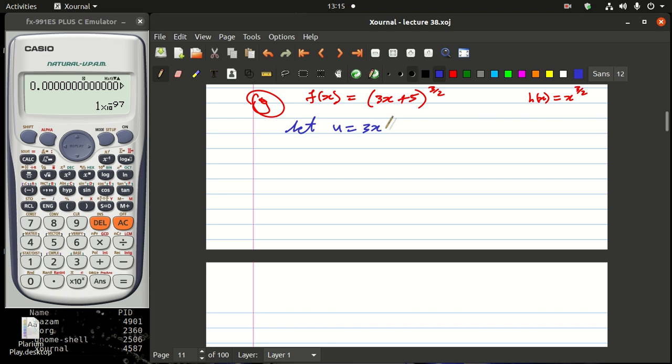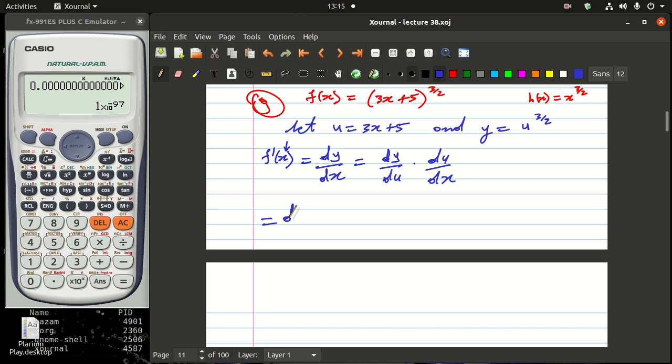So we end up having u equals 3x plus 5, and my y is going to be, I'm going to just replace that whole thing by u. So my y is going to be u raised to 3 over 2. And now, of course, if I want f prime of x, I know that this is supposed to be dy with respect to x, but my y is in terms of u, so I'm going to have dy/du times du/dx.